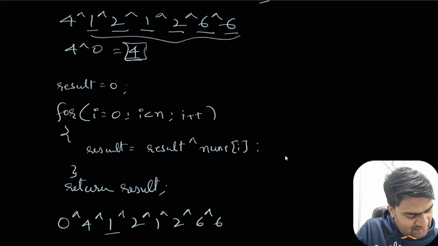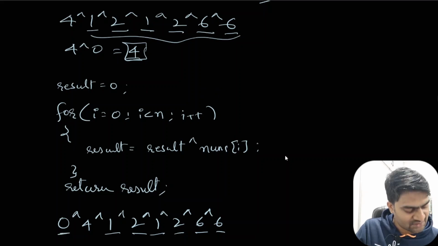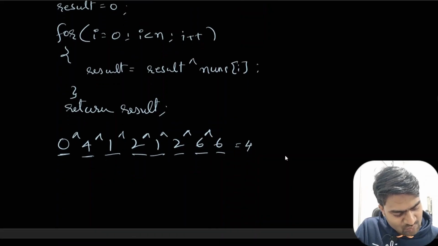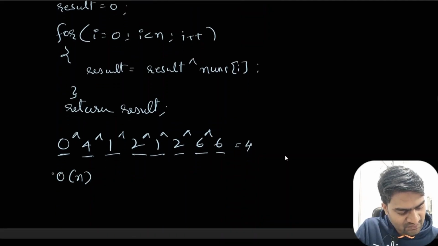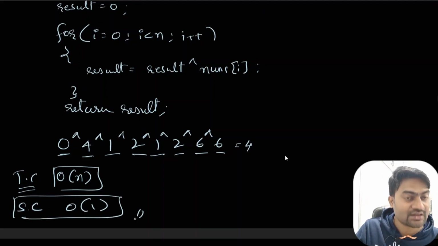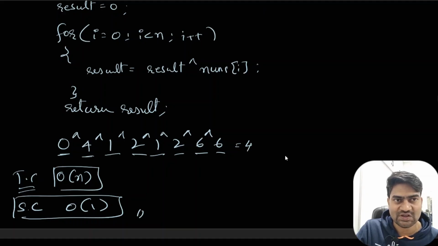In that case, 1, 1 will end up giving you 0. 2, 2 will end up giving you 0. 6, 6 will give you 0. Then 0 XOR with the remaining 4 will give you 4. Okay. So if you see, this is the most optimal. This uses order of n time complexity and space complexity is of order 1. So this is the most optimal solution for this particular problem.